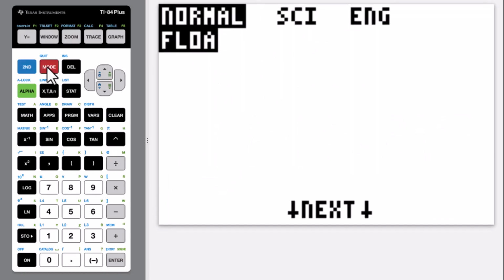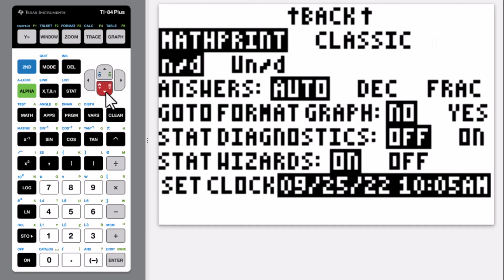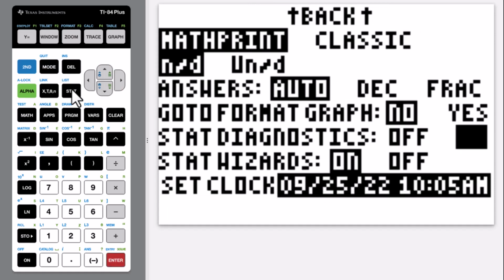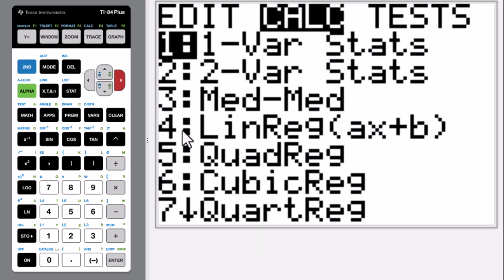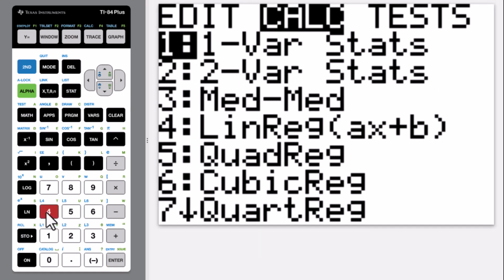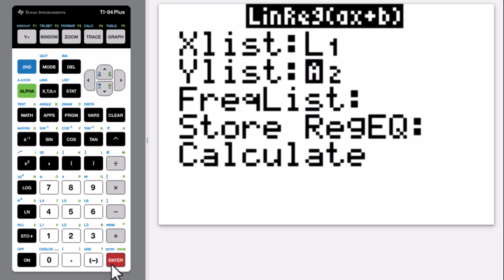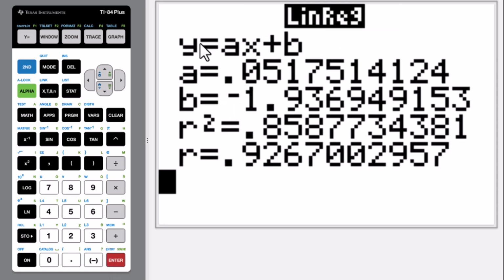We need to go to mode, diagnostic on, enter. Then go back to stat again, go to calculate. This time press 4. We will get y equals mx plus b form. Slope equals 0.0518. Y-intercept equals negative 1.94.